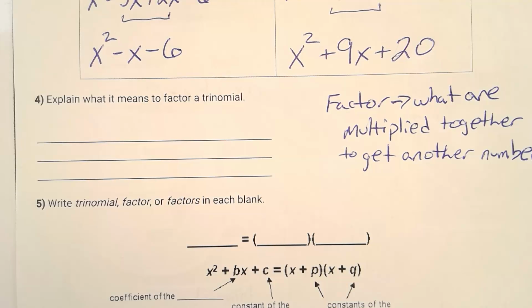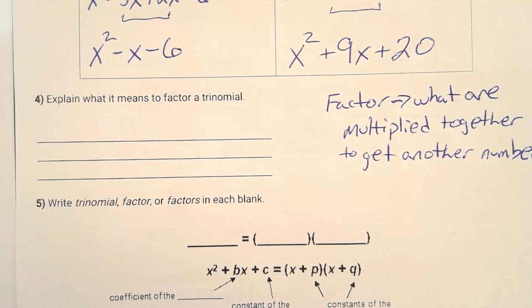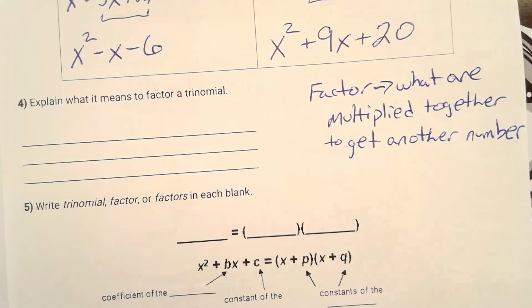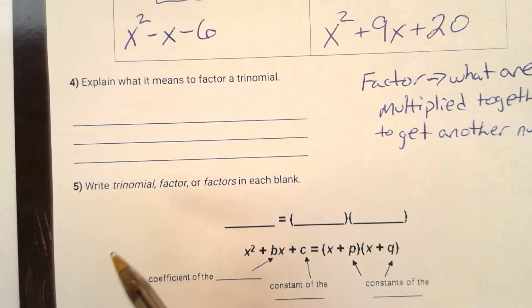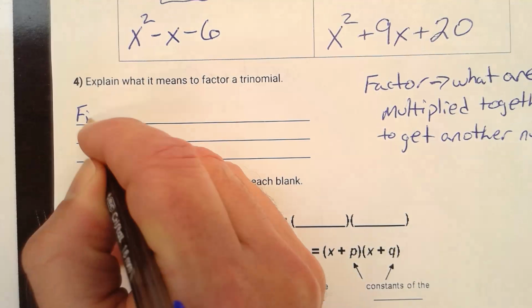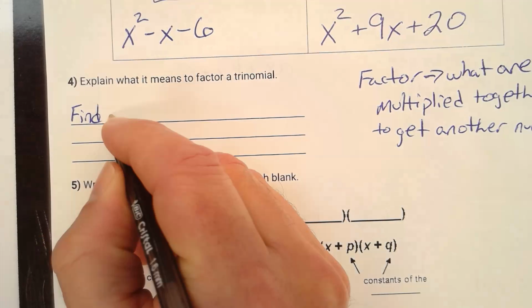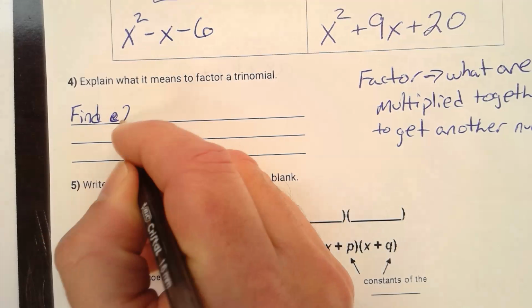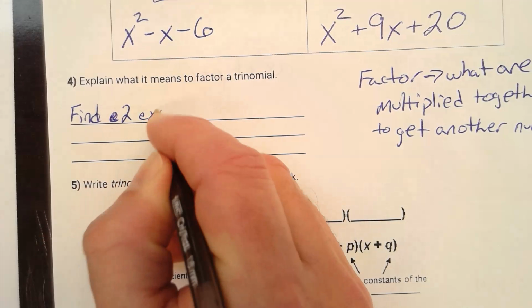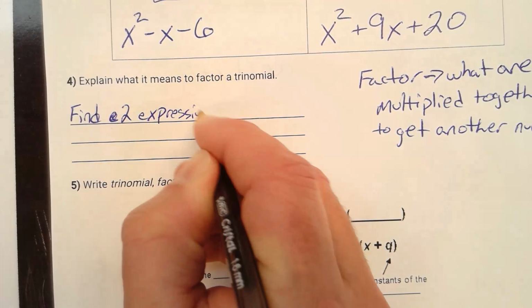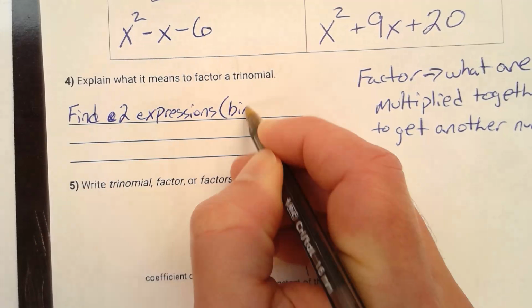I don't know what the Apex wants, but how about, I'll start you. Find, and I'll even say find 2 expressions. I'll call them binomials. That what?